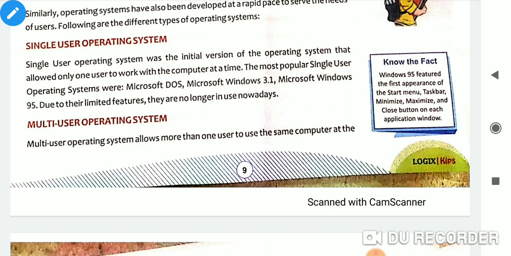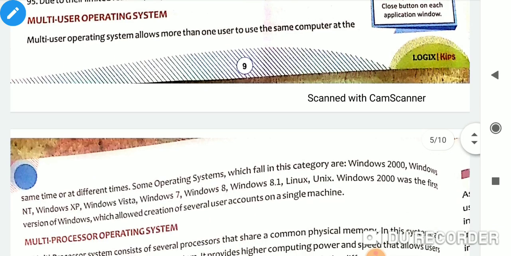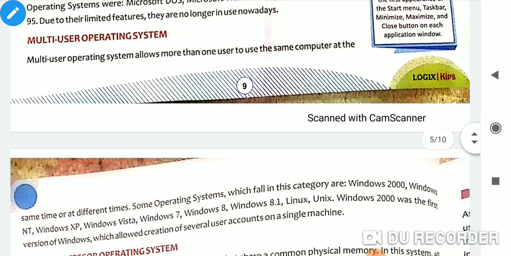Like in previous days or in early times, Microsoft DOS or MS DOS, Windows 3.1, Windows 95 are single user operating systems. And nowadays we are using multi-user operating systems.